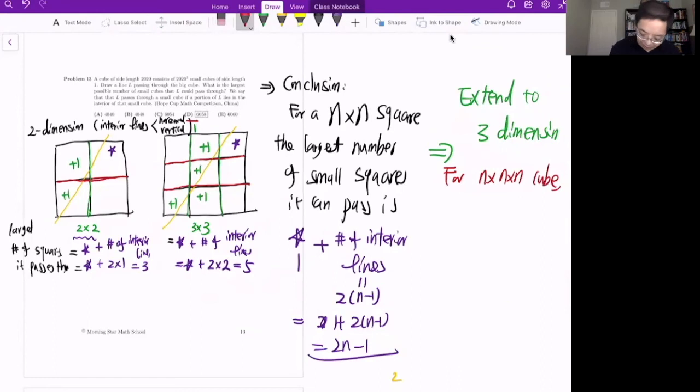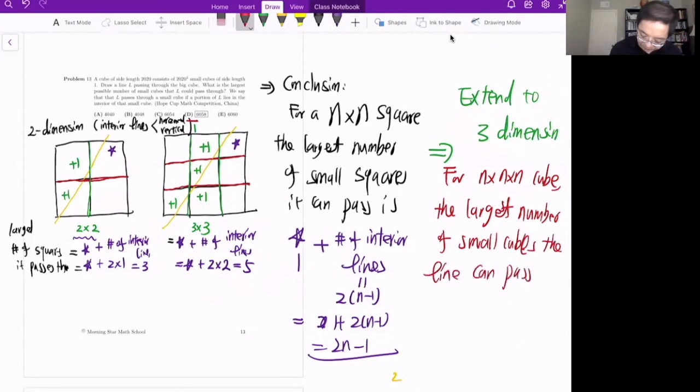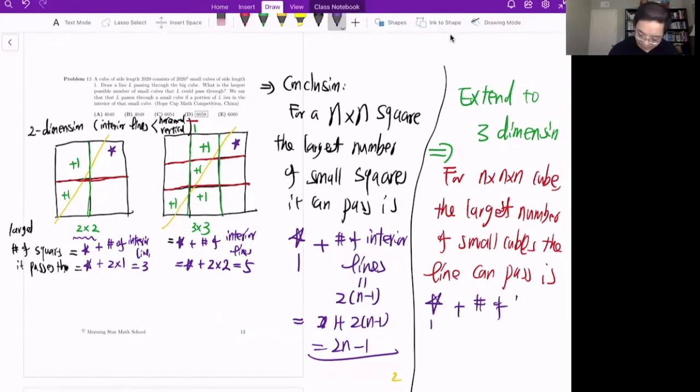The largest number of small cubes the line can pass is the special one, which is 1 plus the number of interior planes.